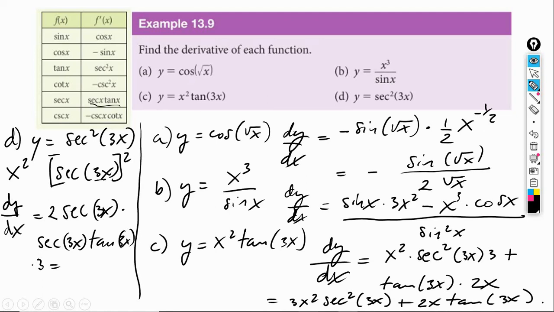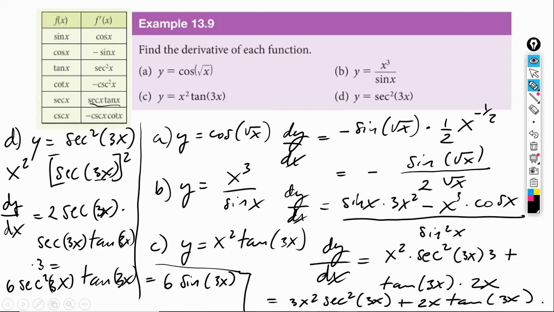This can be rewritten as 6 times secant squared of 3x times the tangent of 3x. And we can even rewrite this as, let's extend this a little bit, 6 times sine of 3x over cosine cubed of 3x.